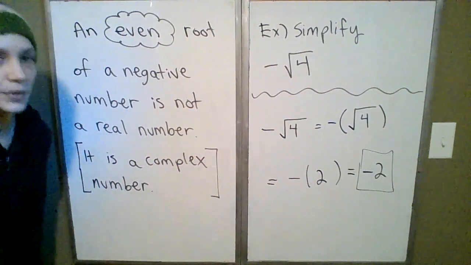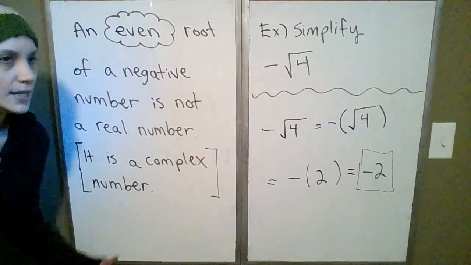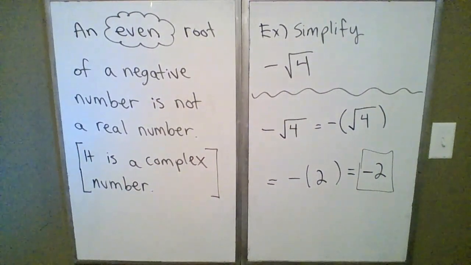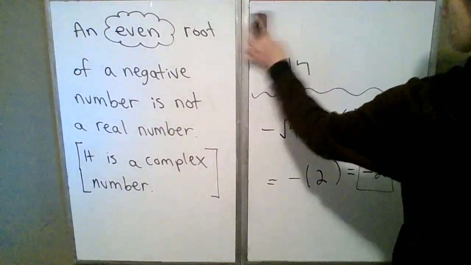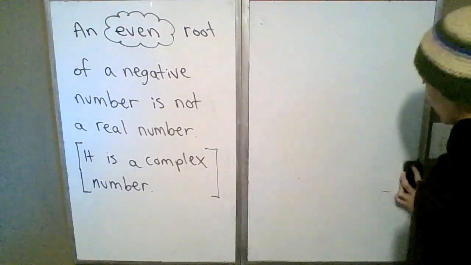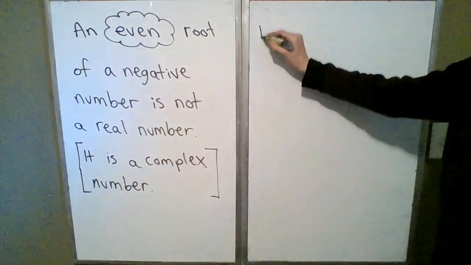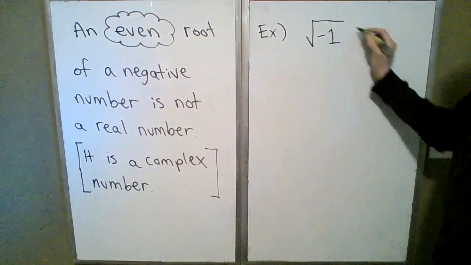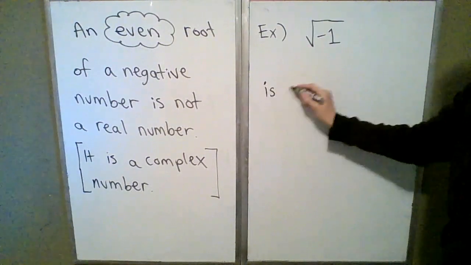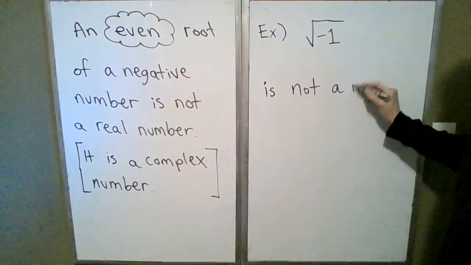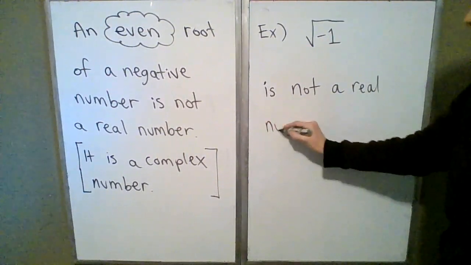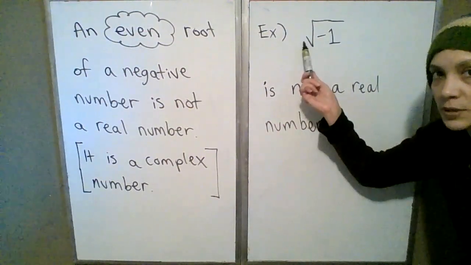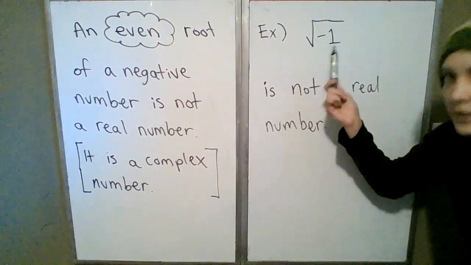So I think a pretty straightforward one would be to take the square root of negative 1. So it's an even root, root 2, of a negative number.